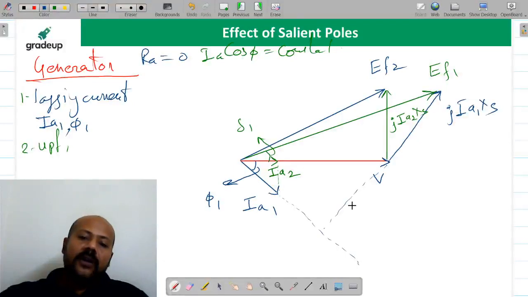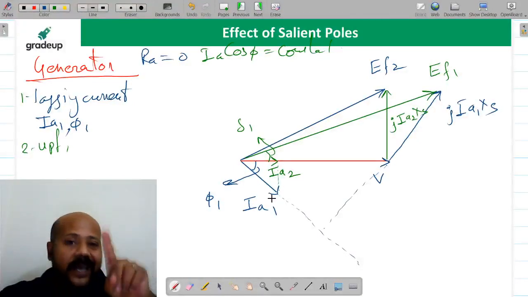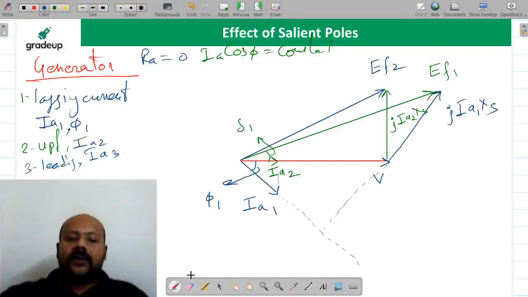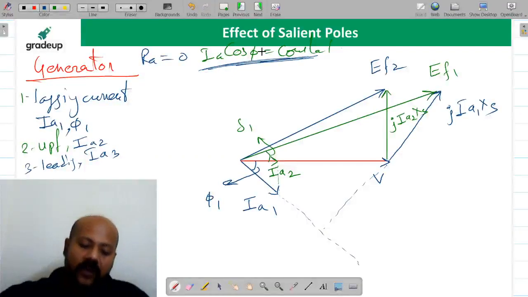Yes or no? Now we are going to take the leading case. Suppose leading power factor is there. So we are going to take IA3, but you have to keep this condition IA cos phi is equal to constant. Yes, you are right, PK.